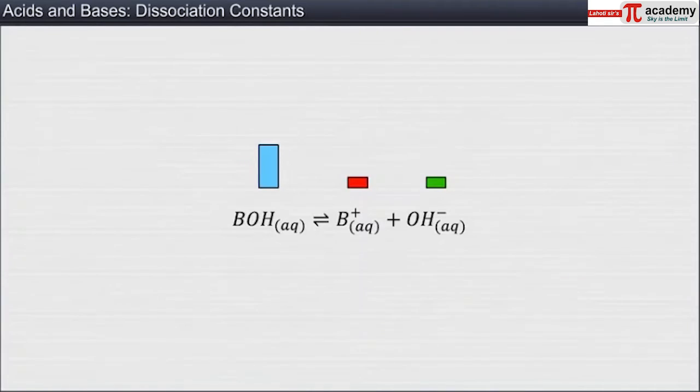Thus, the pH of a decinormal solution of hydrocyanic acid is equal to 5.1549. The ionization constant of weak bases can also be expressed in a manner similar to that for weak acids. Consider the ionization of a weak base, BOH, in water. The equilibrium for this dissociation can be expressed as BOH aqueous in equilibrium with B plus aqueous and OH minus aqueous.